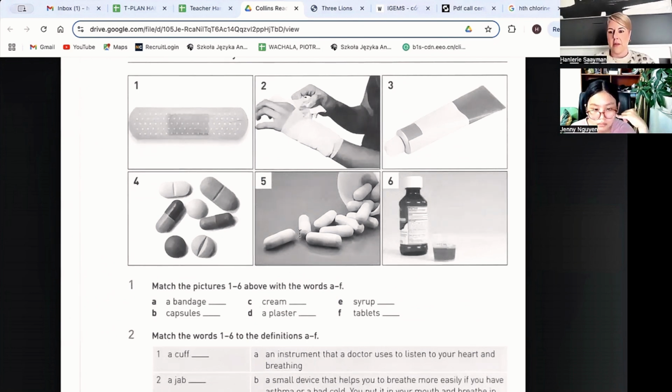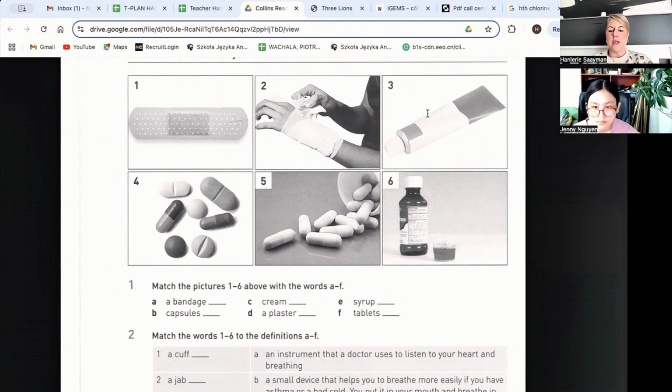A plaster. What's the difference between a bandage and a plaster? I don't know. Okay. Number 2, what do you think number 2 is? It's still a bandage. That's a bandage. A bandage is more. A plaster is one singular thing, small, for a small cut.